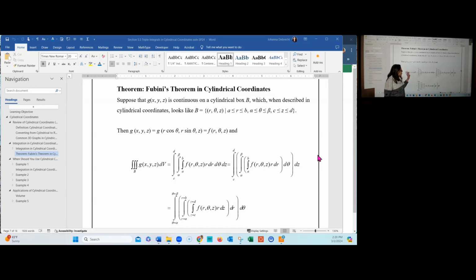We can convert the triple integral into an iterated integral by integrating with respect to r, theta, and z. Since it is iterating over a box, all the limits of integration will be constants, which means that the order in which you write these really does not matter for these particular types of integrals. Any one of the 6 variations of this iterated integral will work.